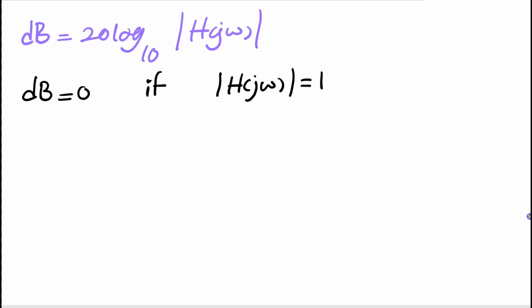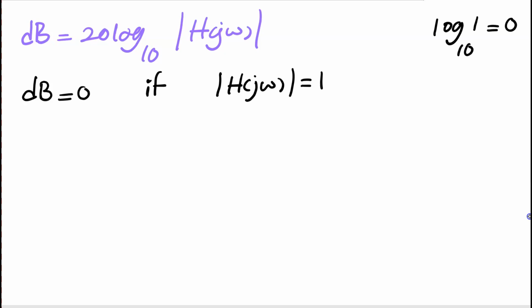So if you have a standard gain equal to 1, which means your filter is not amplifying and is completely passing the signal without any change in the magnitude, then its decibel gain is going to be equal to 0. So if you want to find the same gain on the decibel plot, you have to look at a decibel gain equal to 0. Why? Because if your magnitude is equal to 1, then you know that the log base 10 of 1 is equal to 0.